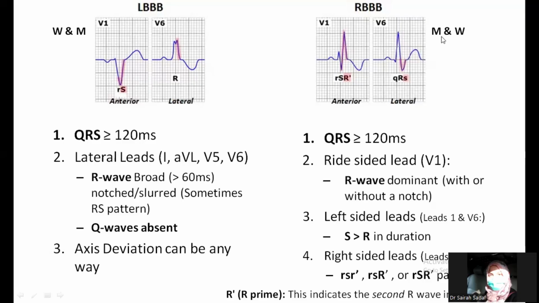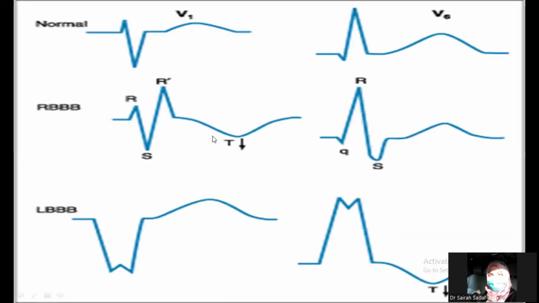As you can see, it is a reverse of the WM, right? Reverse of that. So for reinforcement, now have a look at that. In lead V1, this is a normal pattern we see, a normal deep S wave, a normal tall R wave. In case of LBB, we will have the enhanced features.